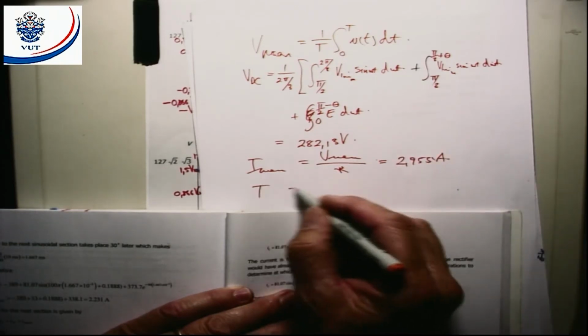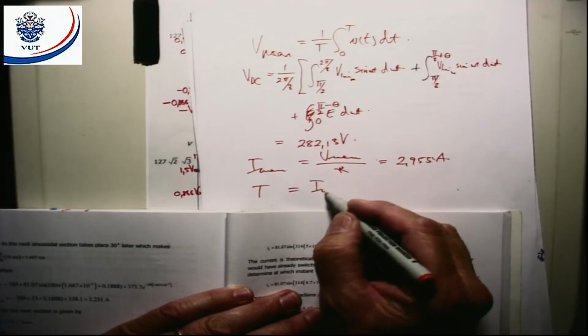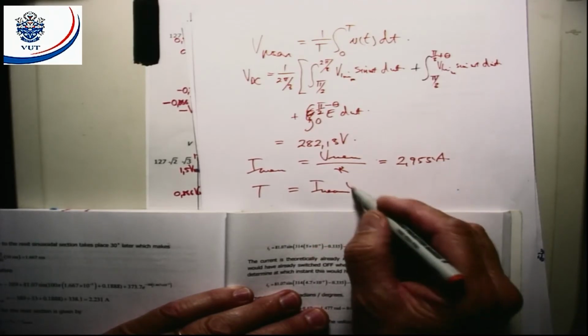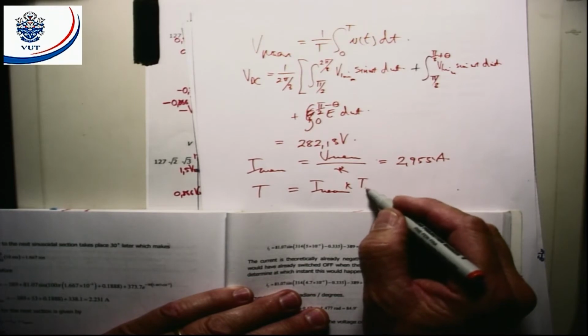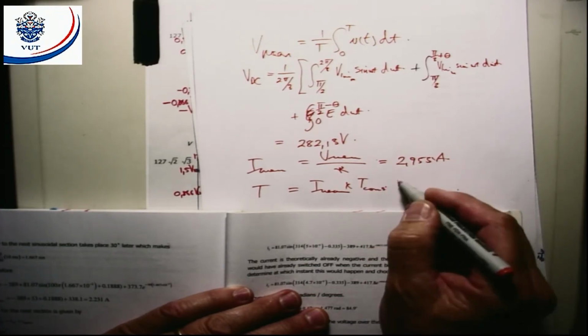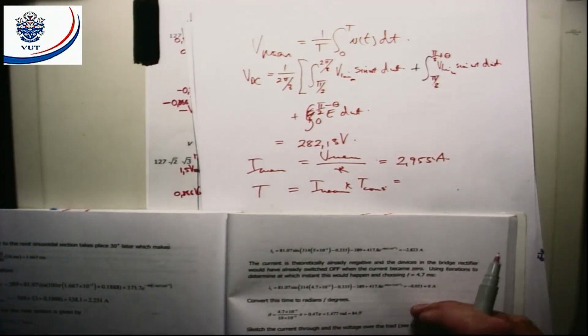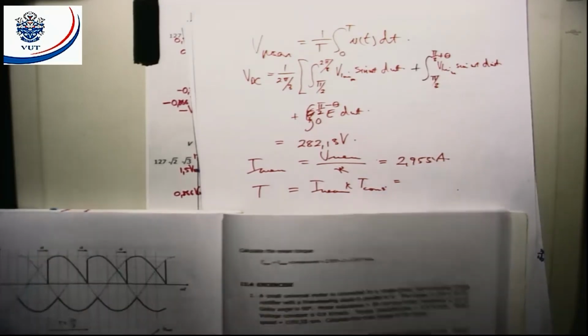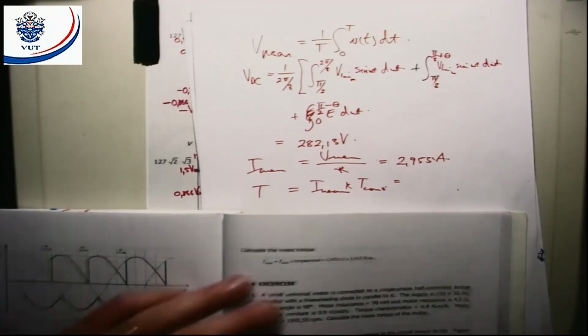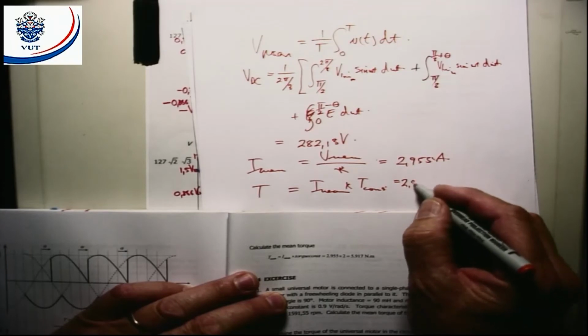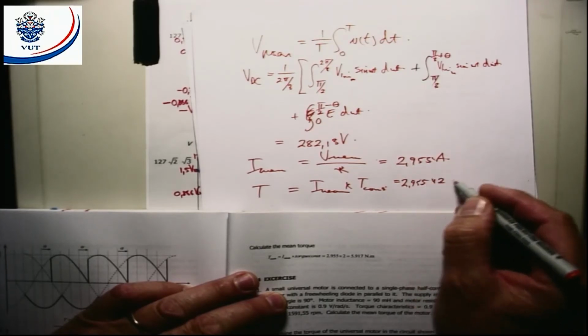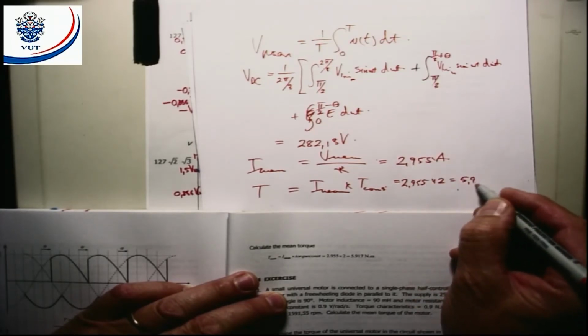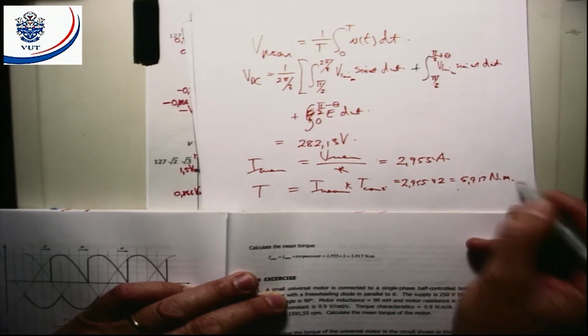If I want the torque, it is I mean times the torque constant, and that is equal to, what was the torque constant? 2. So it's 2,955 times 2, and that gives me 5,917 Newton meter.